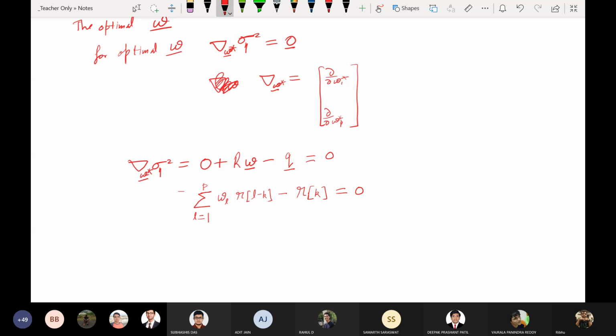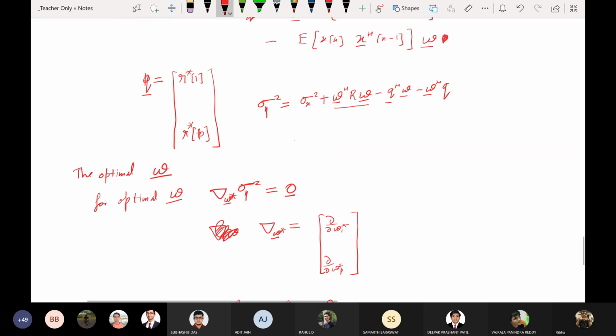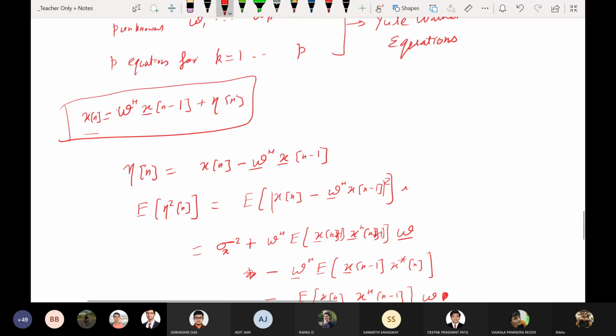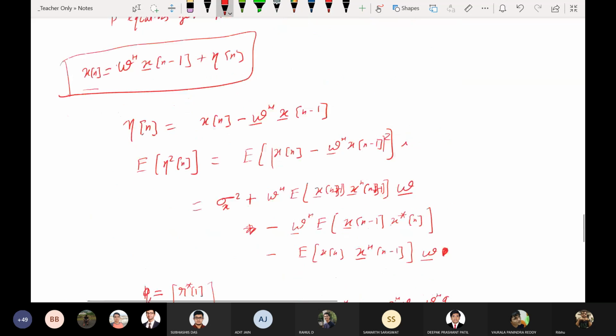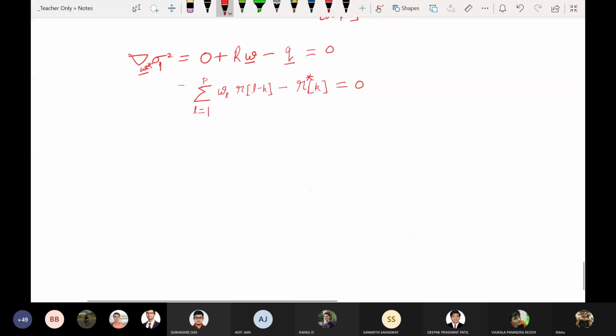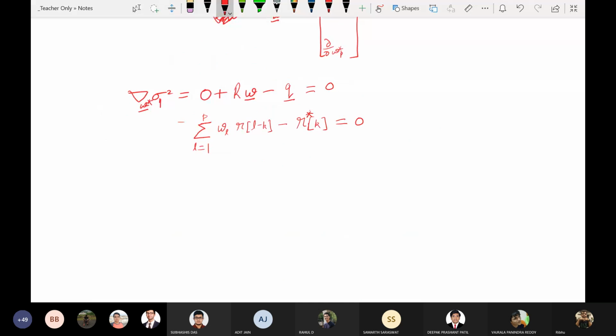So these two equations are equivalent. I stack all of these equations, and I get this.